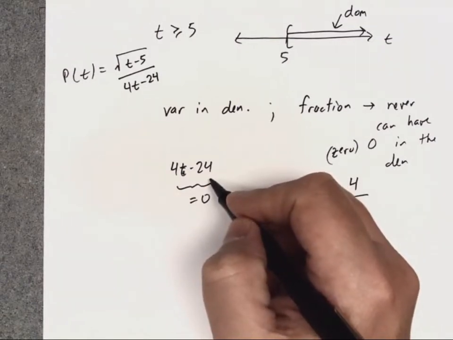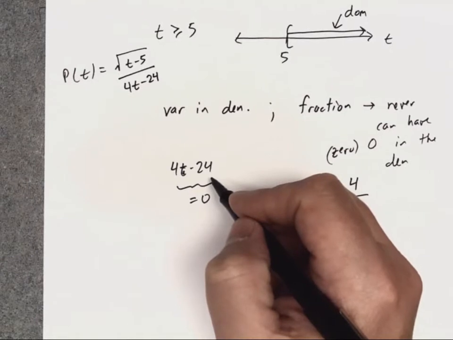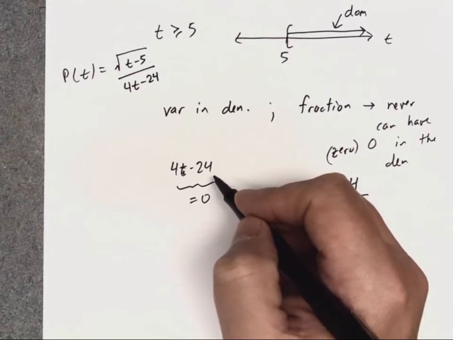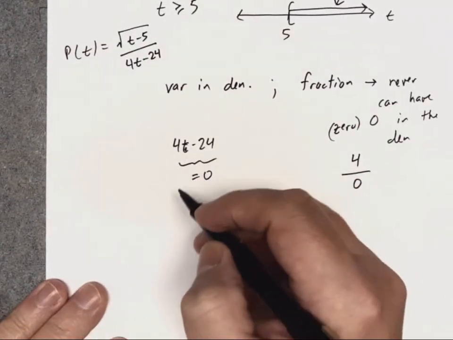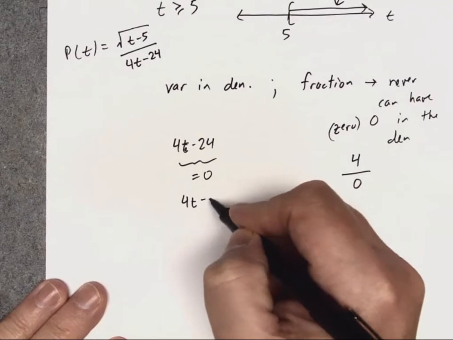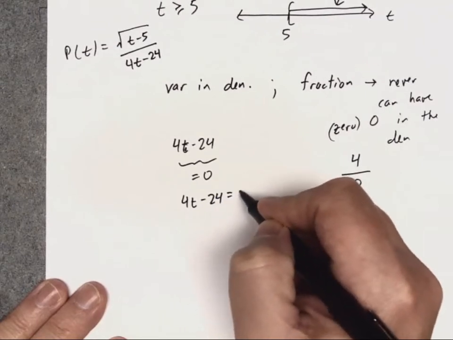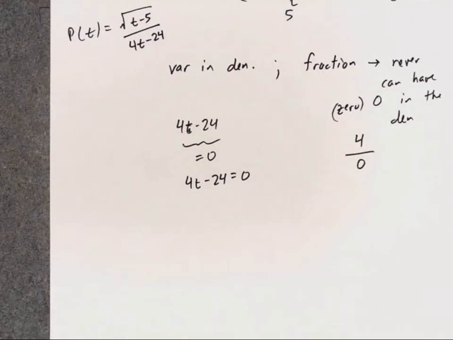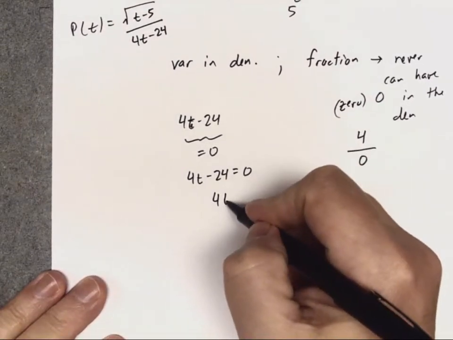And then I have to say t cannot be allowed to be that number. Or another way of saying it is that number is not in the domain. It is not allowed. So all you do is you take your denominator and you set it equal to 0. So I'm going to figure out what's the value of t that would cause my denominator to be 0, and then I know I have to avoid that number.